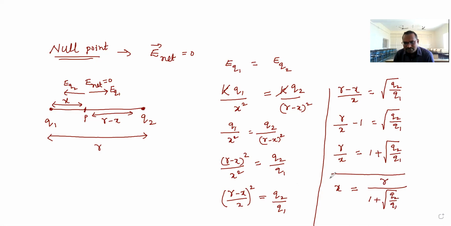So at a distance of x from Q1, that is r divided by 1 plus root of Q2 by Q1, the net electric field due to Q1 and Q2 will be 0. This is how we need to find it. If you remember this value, it will be useful for you. Sometimes you can get a related formula like this in direct questions.